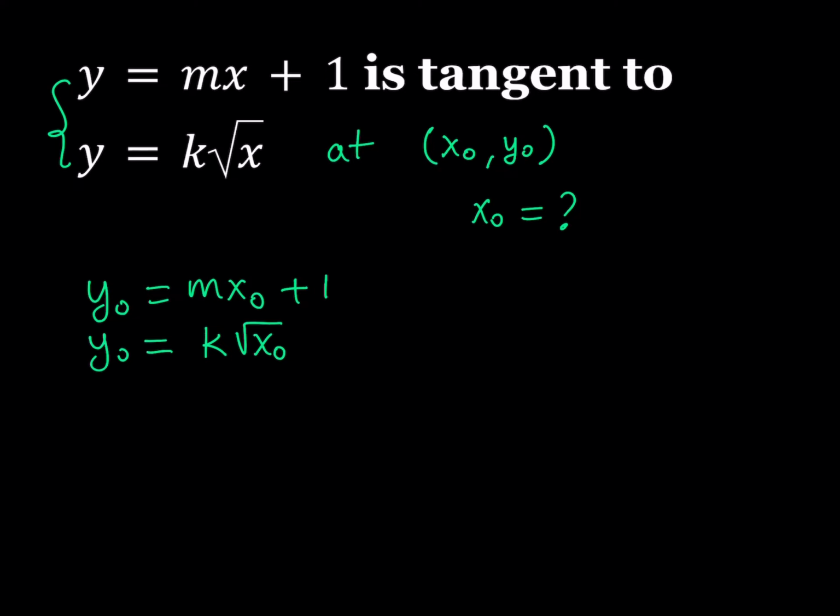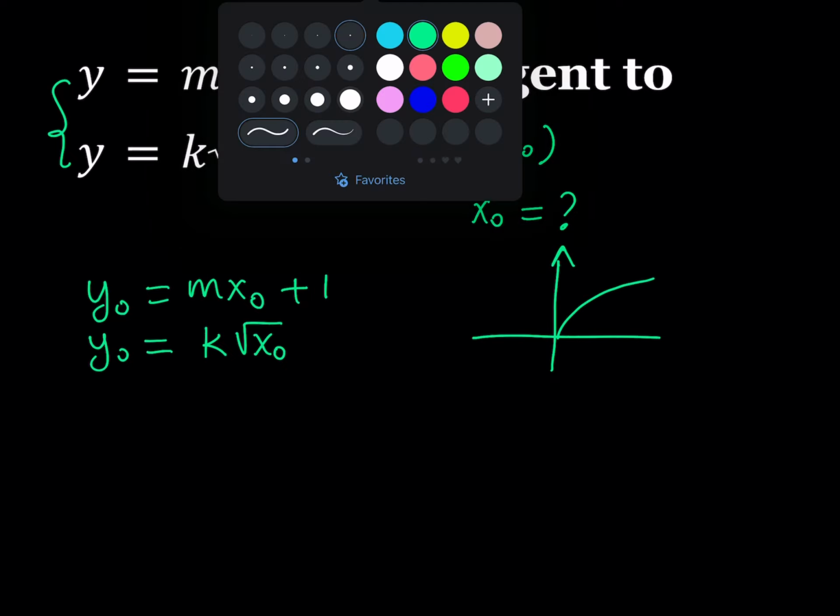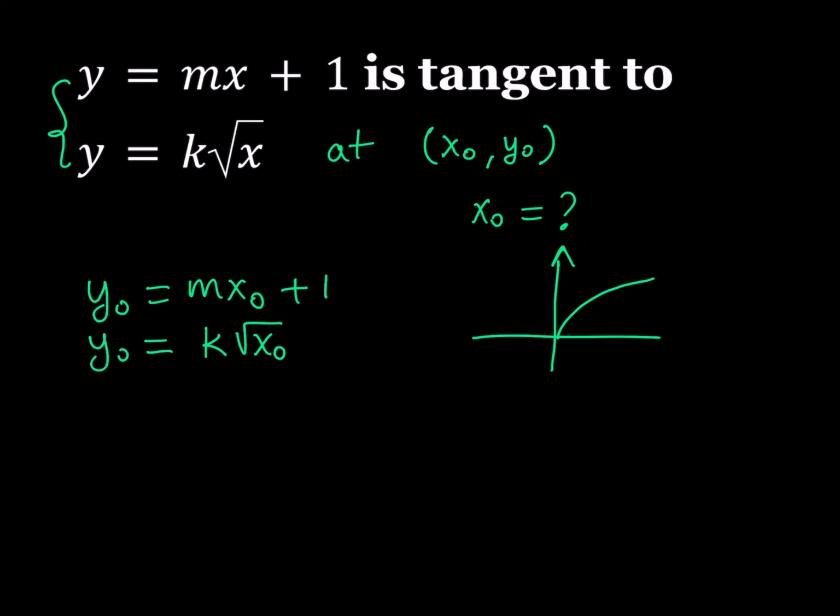But of course, we're given something like this now, right? We do have a line whose y-intercept is 1, and then we do have a square root function. A radical function is going to have a domain of non-negative numbers, so it's going to look pretty much like this, something like that. And then the other function is going to be tangent to it, right?